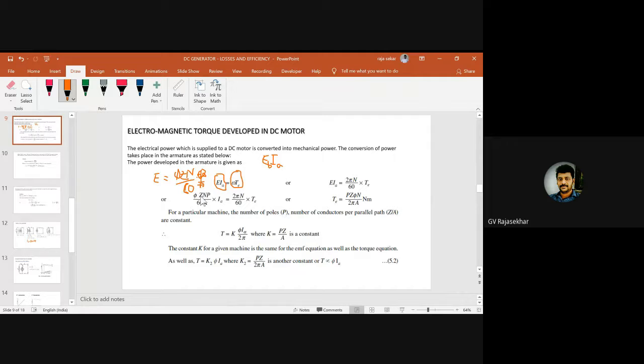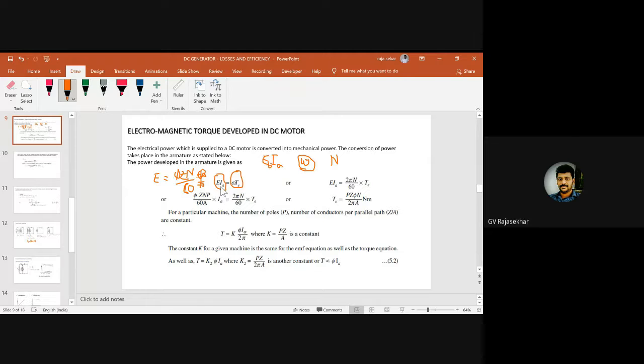So phi Z N P by 60 A into IA is equal to omega into T. What is omega? Omega is the angular speed. It is not N; N is normal speed. Omega is angular speed. Generally, when torque is multiplied with angular speed, you get the power.